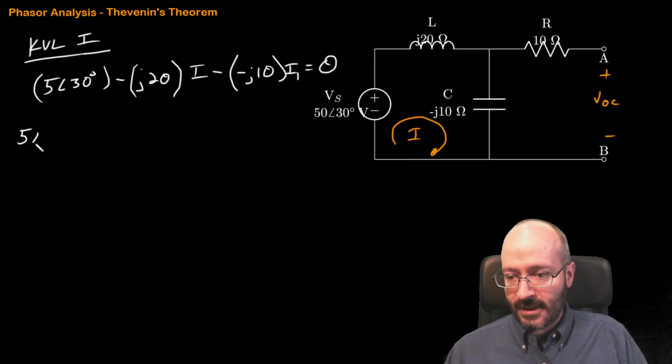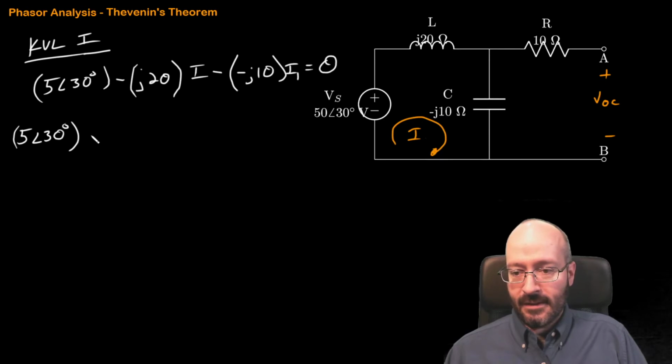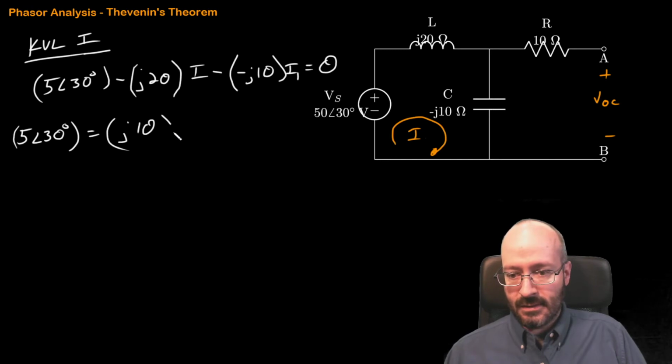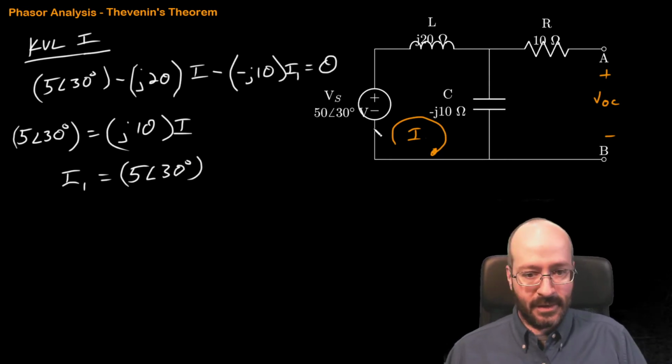Okay, 5 at an angle of 30 degrees. And I'm going to bring these two over, so it's going to be positive J20 and negative J20. So that's going to be J10 times I. And then we can solve for I. I is equal to 5 at an angle of 30 degrees. That was a voltage, right? That's that voltage.